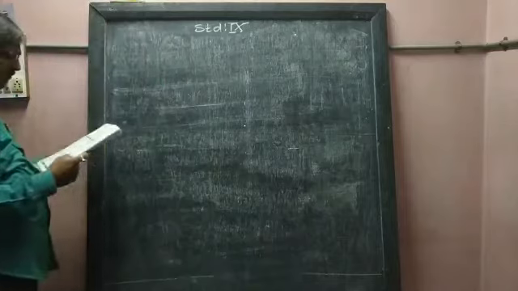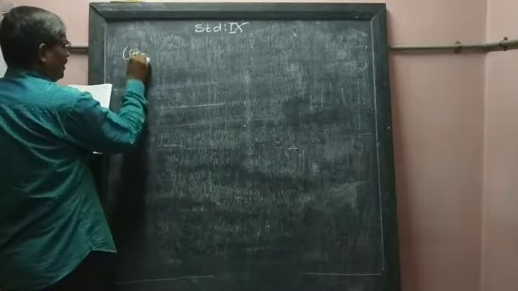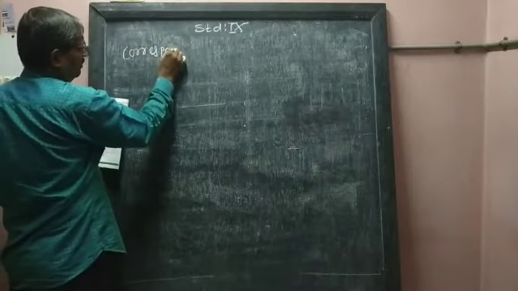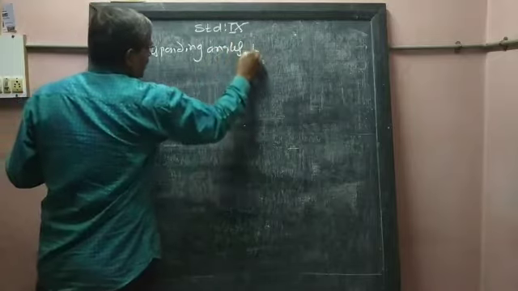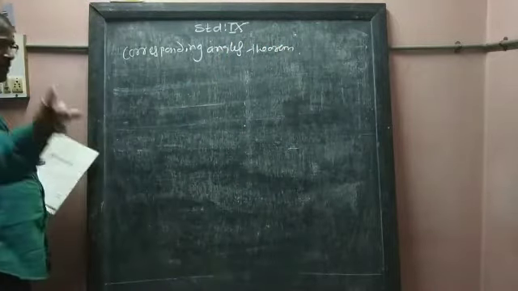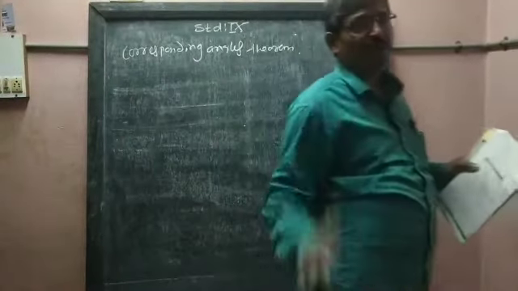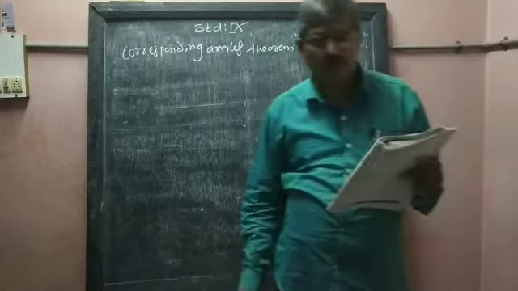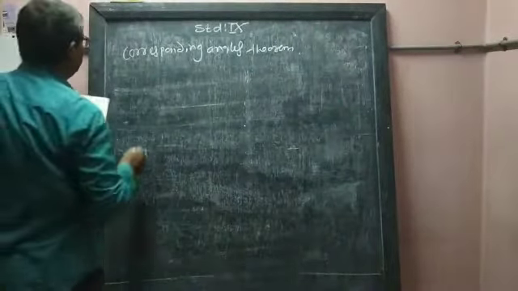Now look here, the first theorem given here is the corresponding angles theorem. Only the statement will be provided to you, and from that statement you should prove how corresponding angles are congruent to each other or how they are equal to each other. So I am going to write here the first theorem.